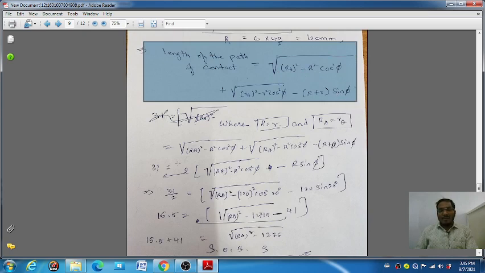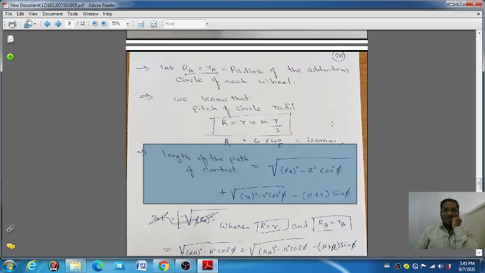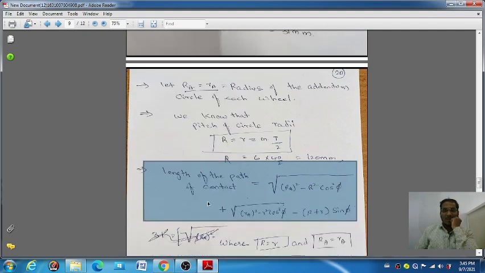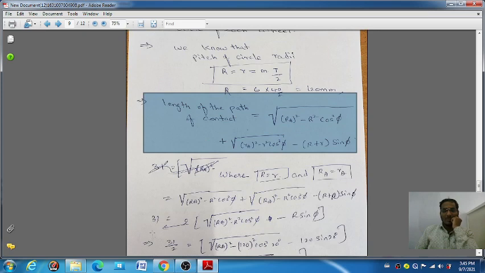Okay, next here you have to interchange the value of capital R into small r, and capital RA is equal to small ra. Just now we found the length of path of contact is 31 mm. Just substitute the value of the length of path of contact here and change this in terms of RA and R. The last term is minus R plus capital R sin phi.